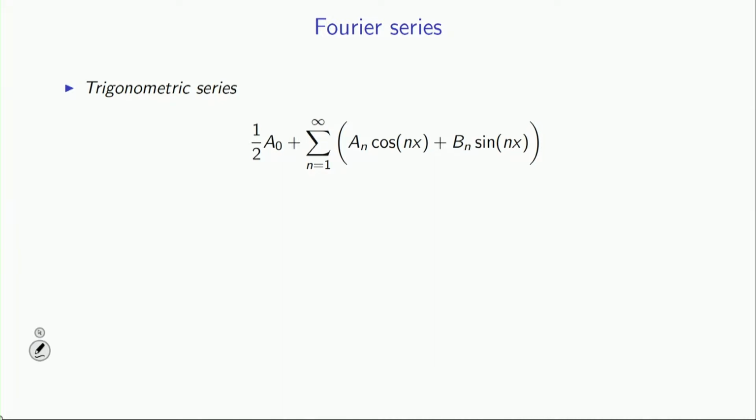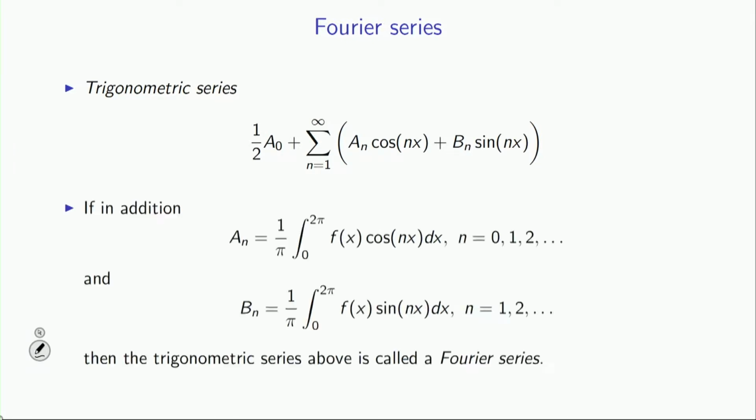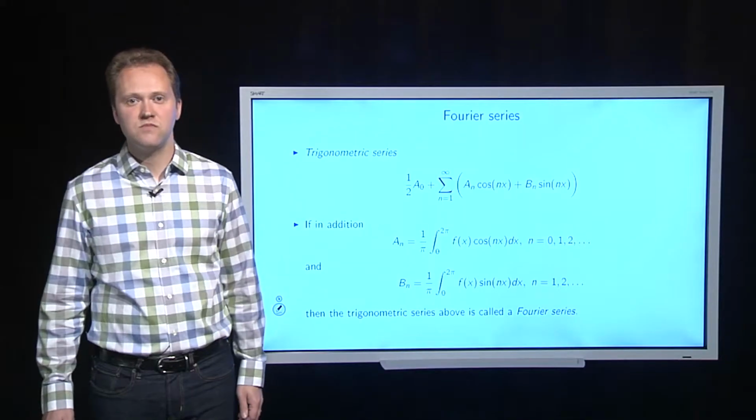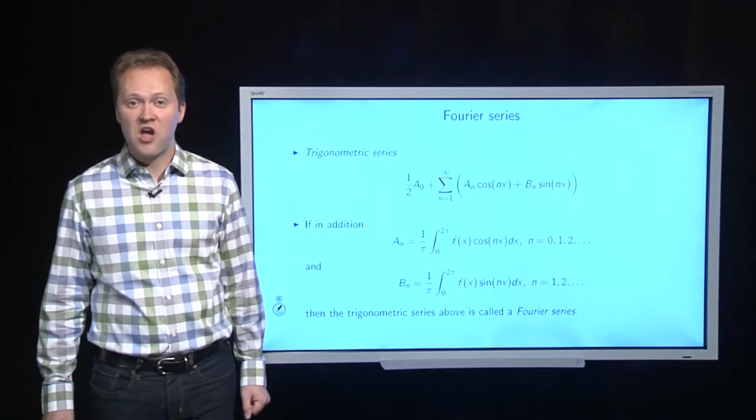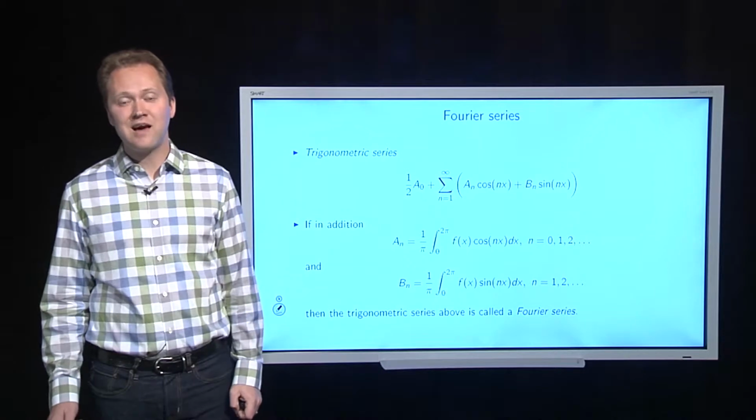A trigonometric series is just a series of cosines and sines, just as we had before. If on top of that, your coefficients are chosen the way they should be according to projections, incorporating the constants that we had before, you obtain what is called a Fourier series.